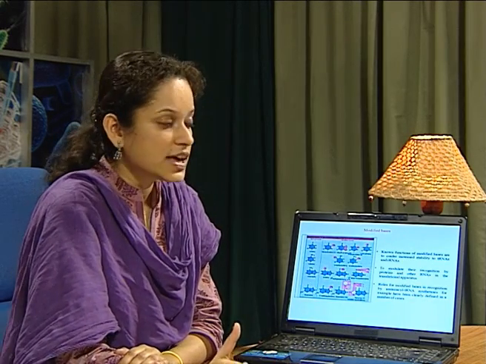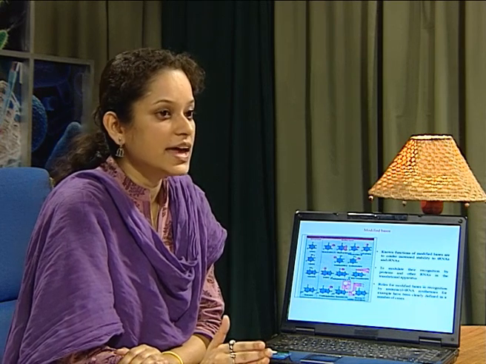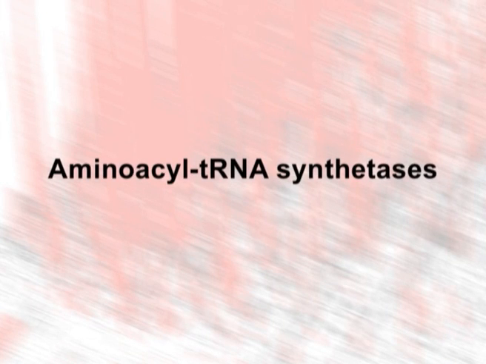The third is that they are also recognized by enzymes like amino acyl tRNA synthetases, which add amino acid to tRNA, and thus they help in the initiation of the process of translation. So accordingly, we can see the importance of modified nucleosides in tRNA or in rRNA wherever they occur.